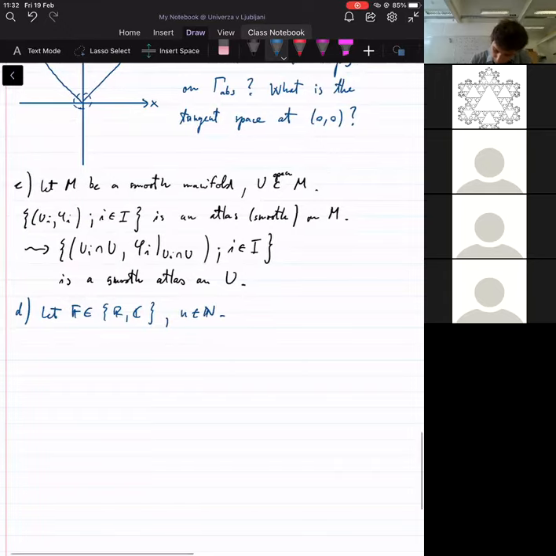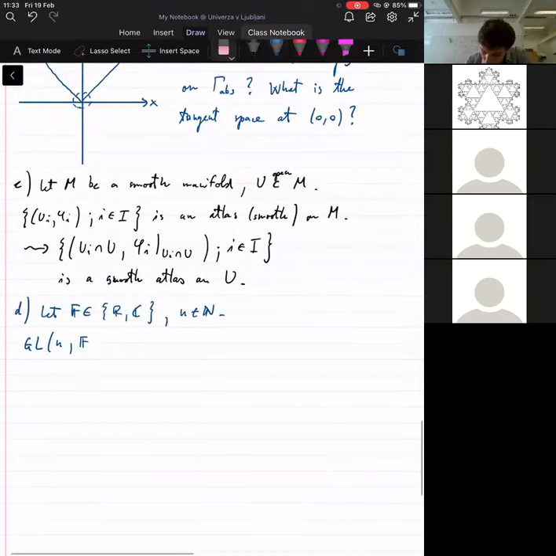Then we have the set GL(n, F). Usually we don't write the semicolon here, we just write a comma. So these are n times n matrices which are invertible.